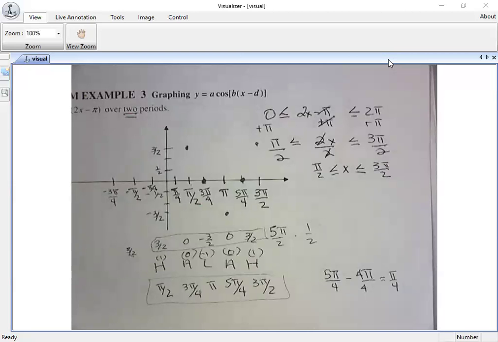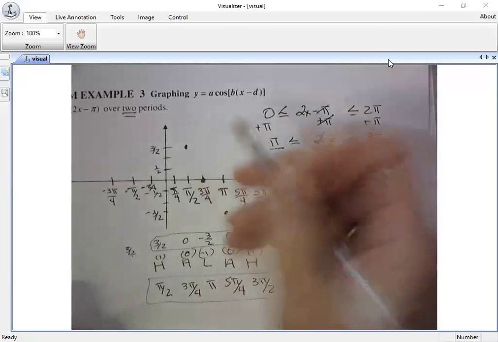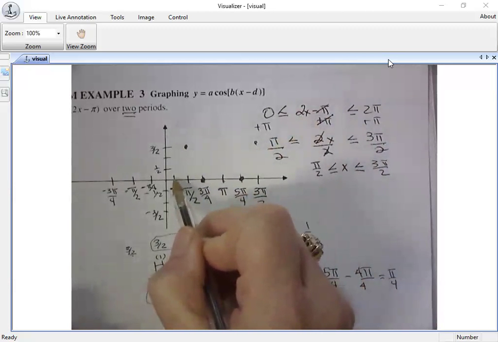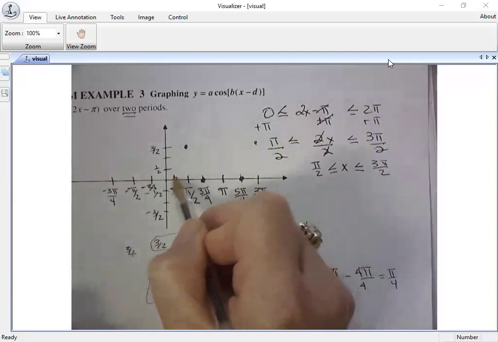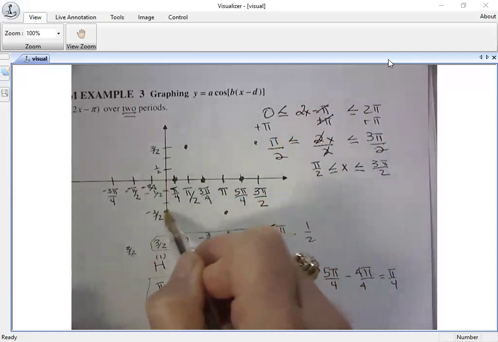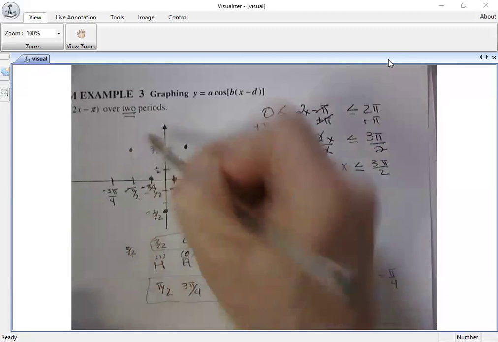And I know something about this curve for the cosine. If this is a high point, what should this be? Axis. An axis. This should be what? A low point. Back to an axis, up to a high point.